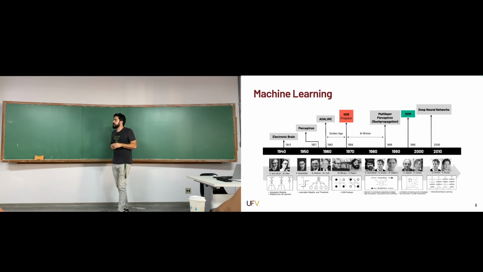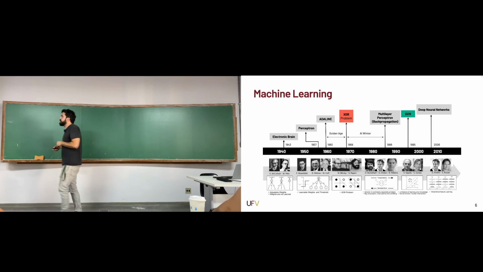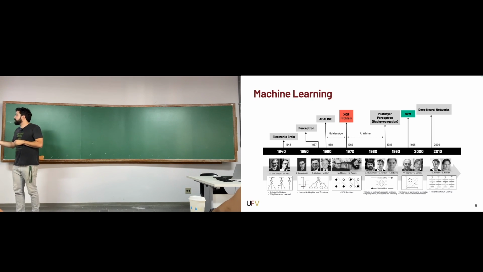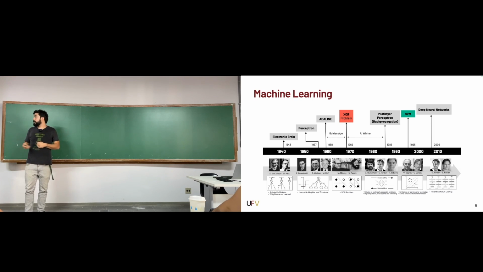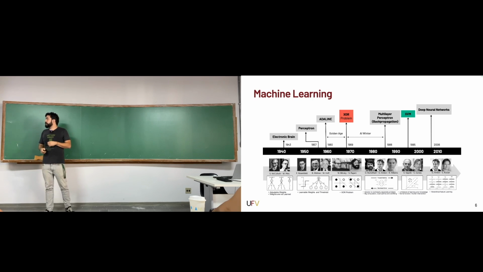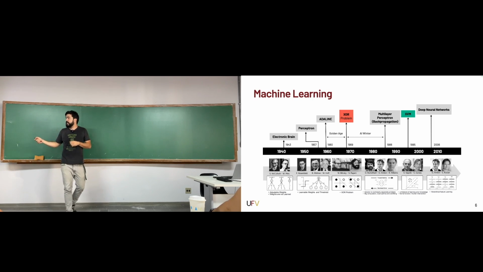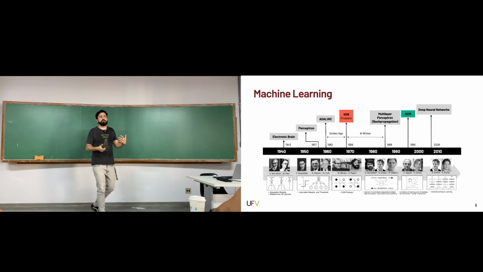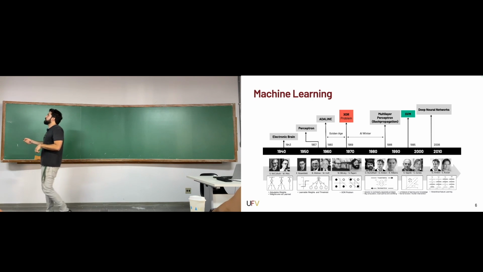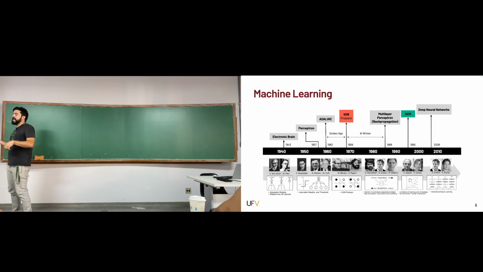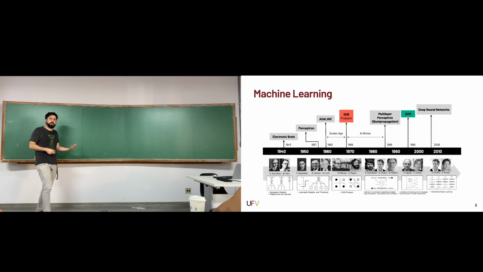You probably can't read there, but it says that there were adjustable weights, but they were not learned. And then in the 50s, mainly Rosenblatt and others designed the perceptron, which was actually an algorithm to learn the weights of a neuron. So by this time, we can actually train a neuron to solve a particular task.